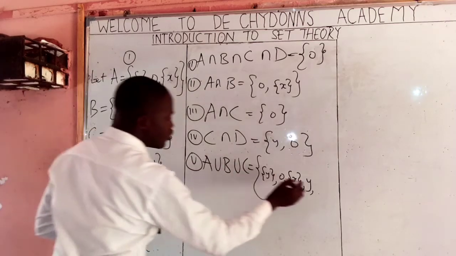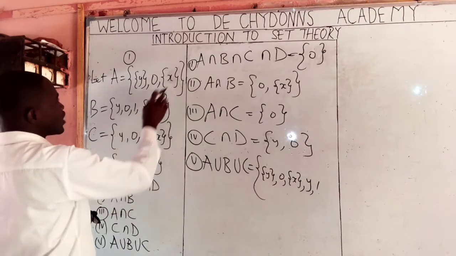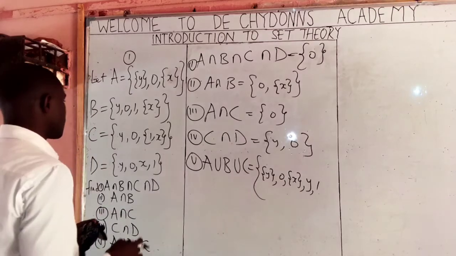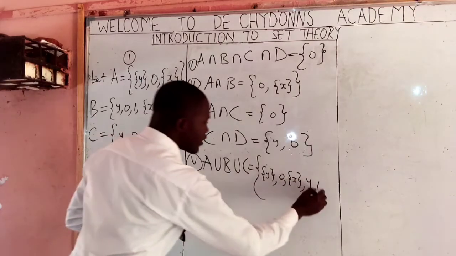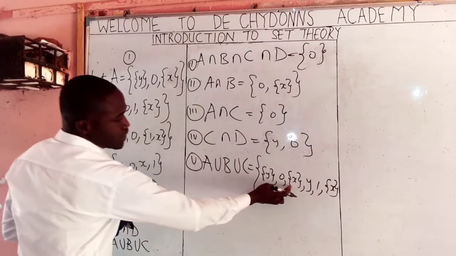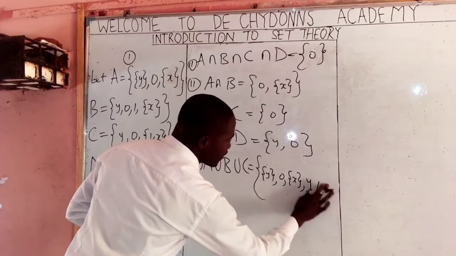This one, you write it because you have not written it. Then this S is in curly bracket, so you don't write it again. Why? Because if you write it again, you have written it already. So we say there is no repetition in writing elements of a given set.